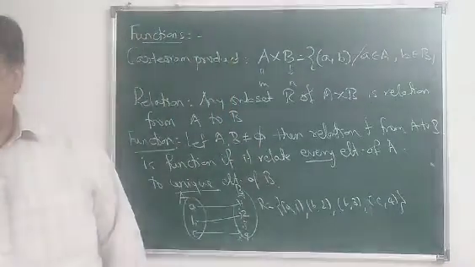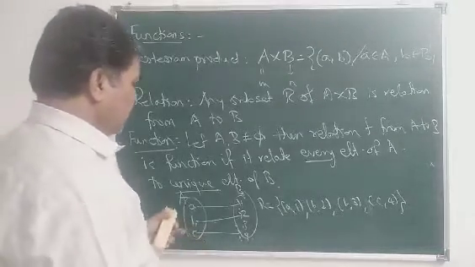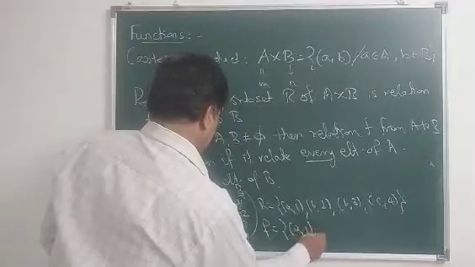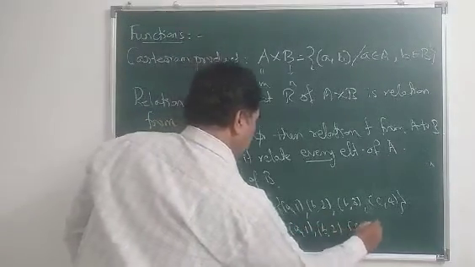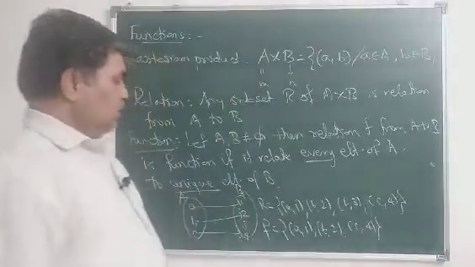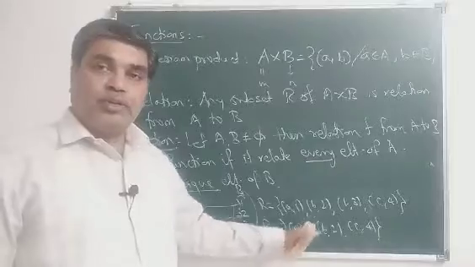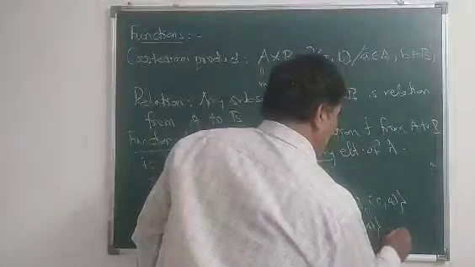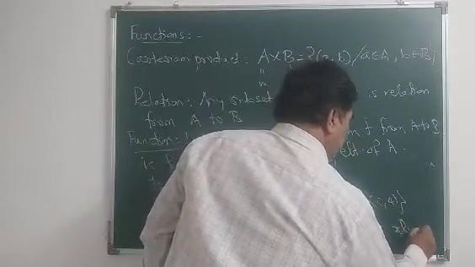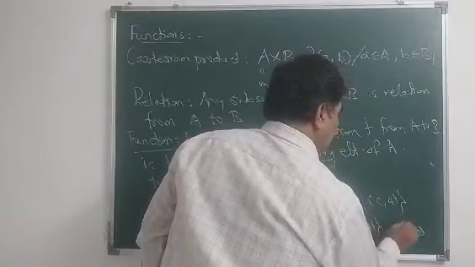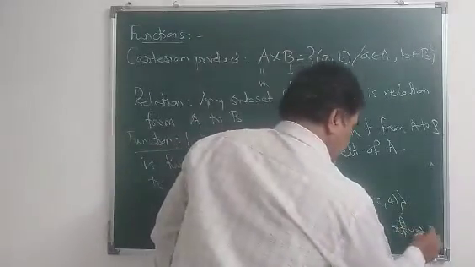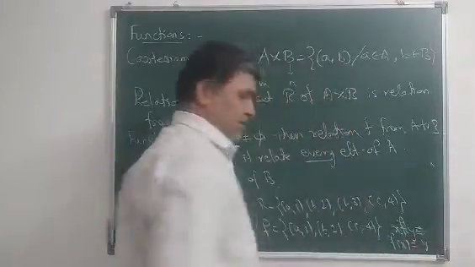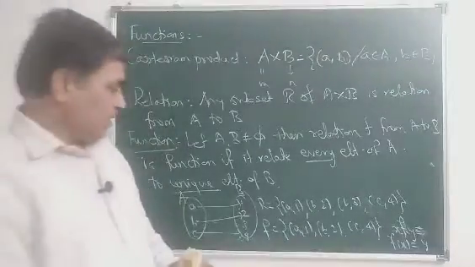This is about function. Now, if f is a function, so if I take this f as a1, b2, c4, as f relates every element of A to a unique element in B, means X is related to Y by F. This is written as Fx is equal to Y, or Y equal to Fx.